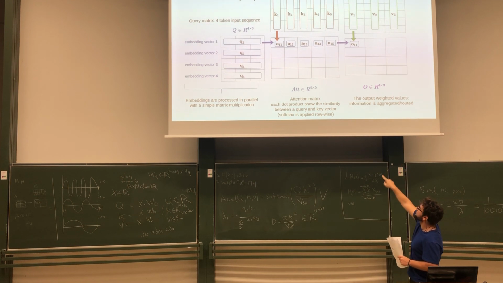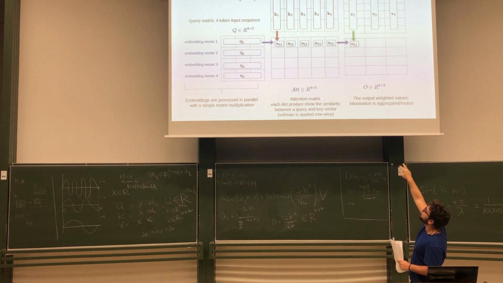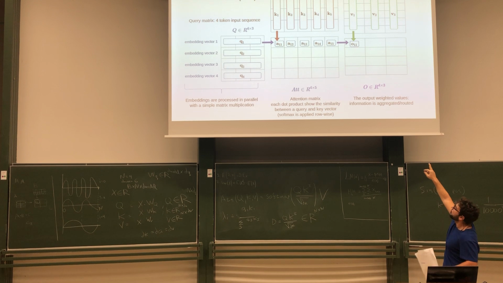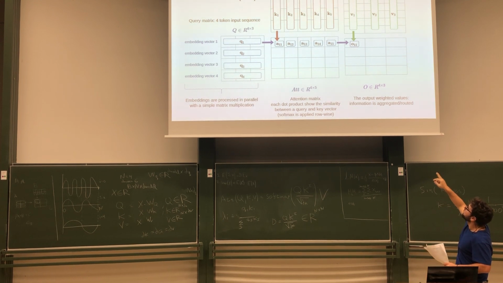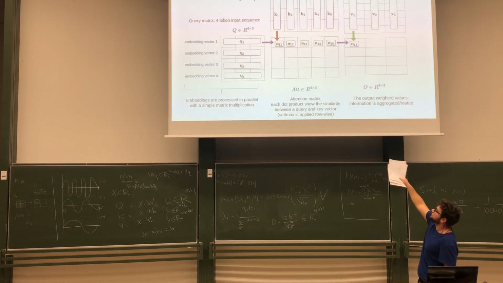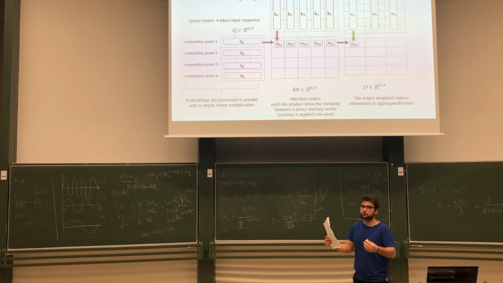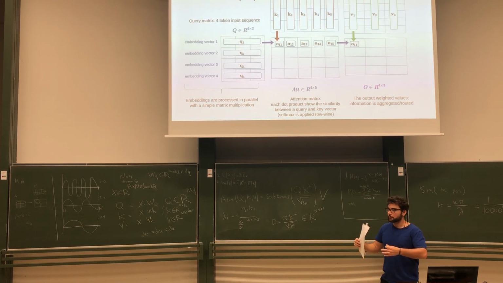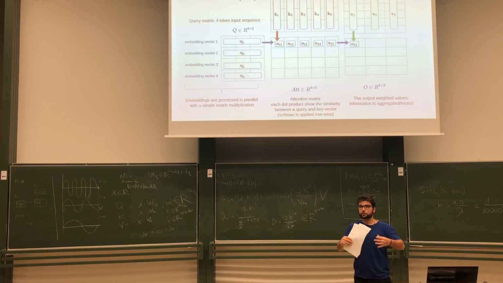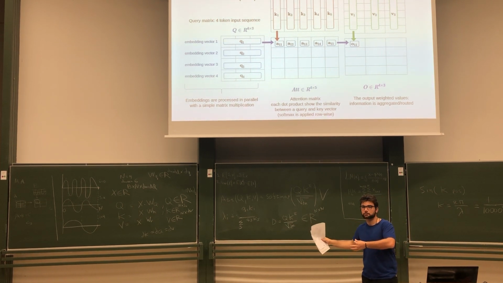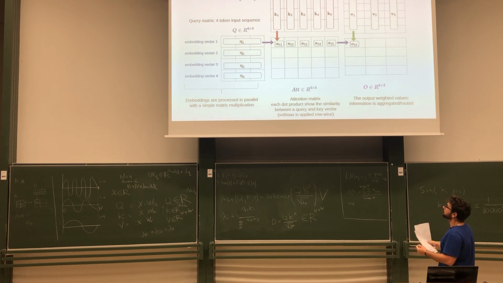That's why we apply softmax in this row. By taking the softmax in each row, we are already weighting the query with all the possible keys. So it's already seeing the whole sequence. It's a highly global operation.